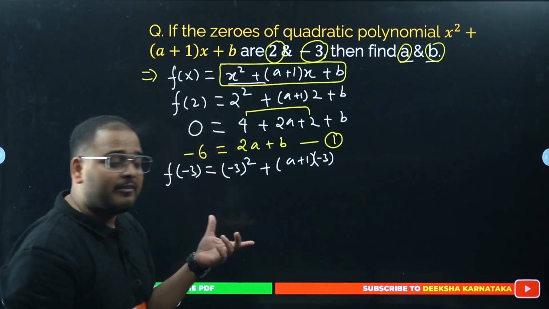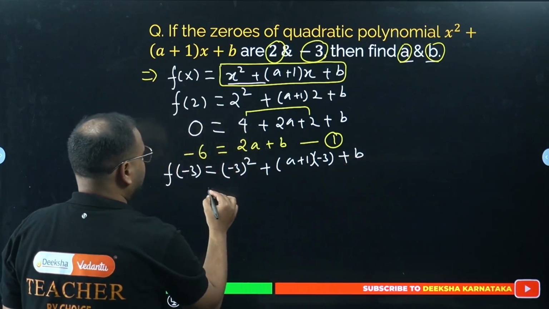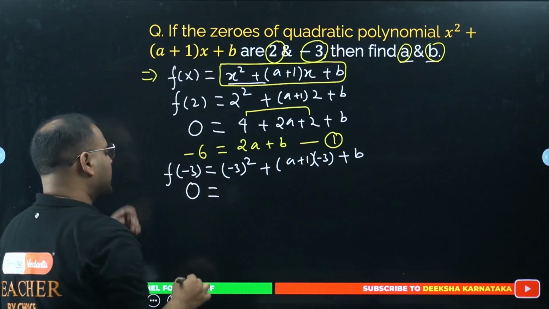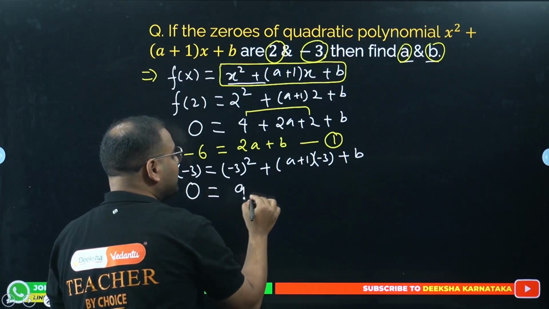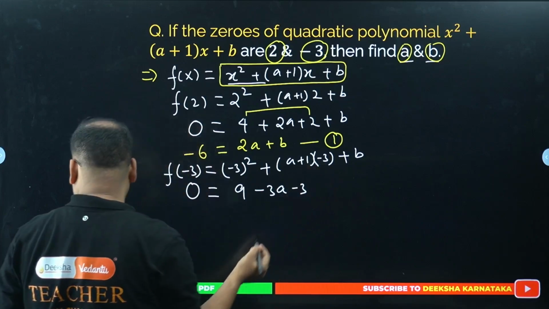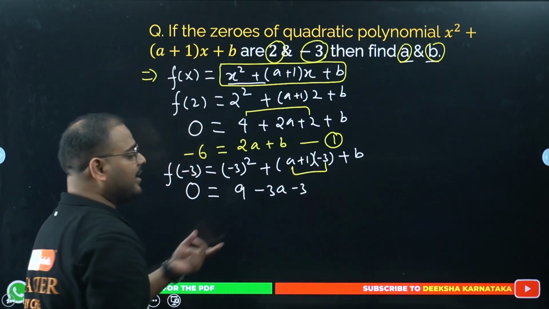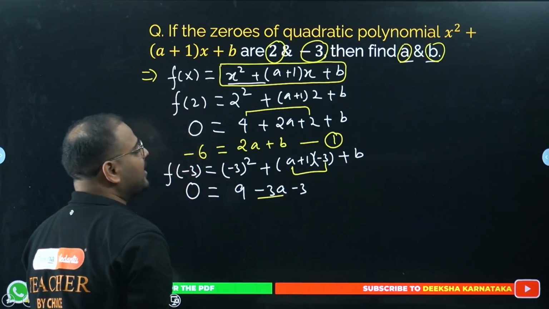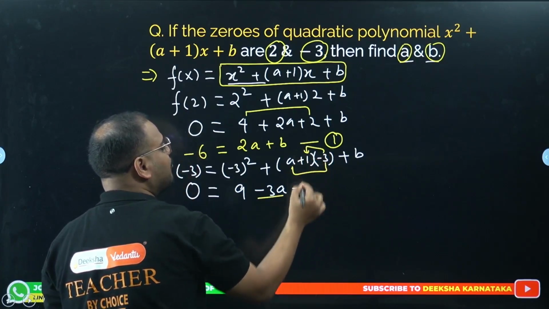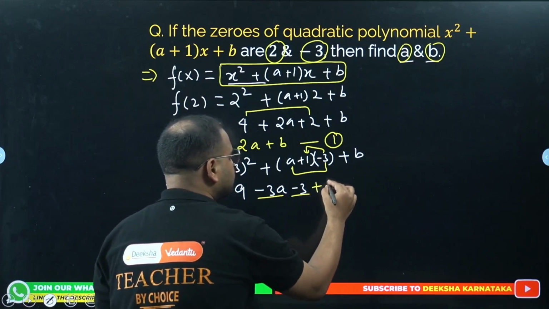You should not have any confusion. Plus b. What is going to be? 0 directly, because minus 3 is a zero. 9 minus 3a minus 3. How? Multiply minus 3 with positive a will give me minus 3a. Multiply minus 3 with positive 1 will give me minus 3, and plus b.